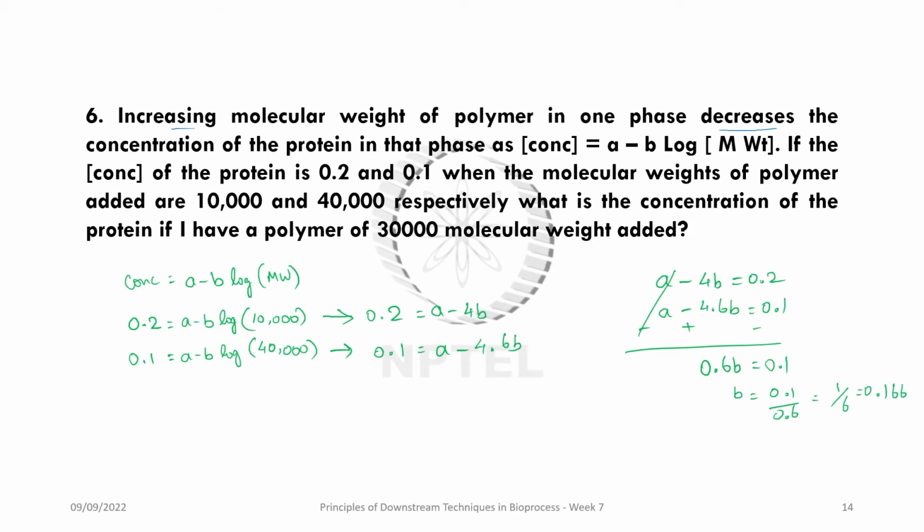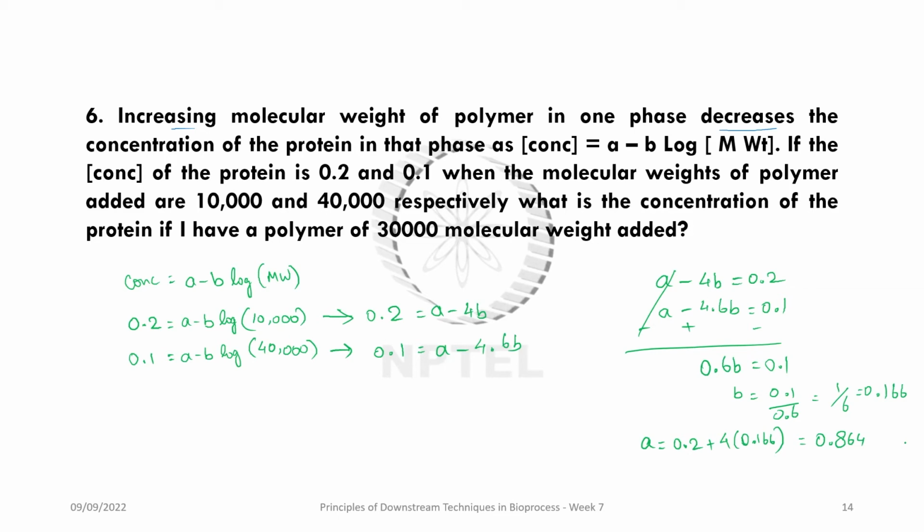So B is 0.166. What will A be? A is equal to 0.2 plus 4 into 0.166. So 4 into 0.166 is 0.664 plus 0.2. So I'm getting my answer as 0.864. Is that right?